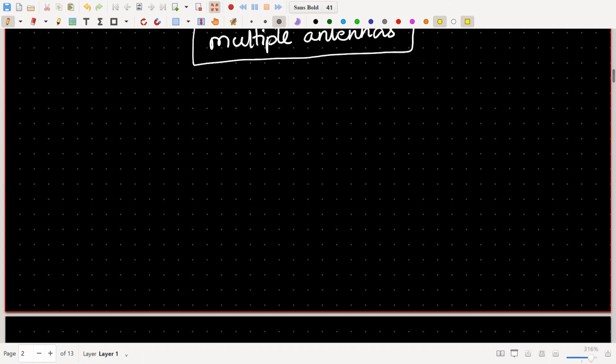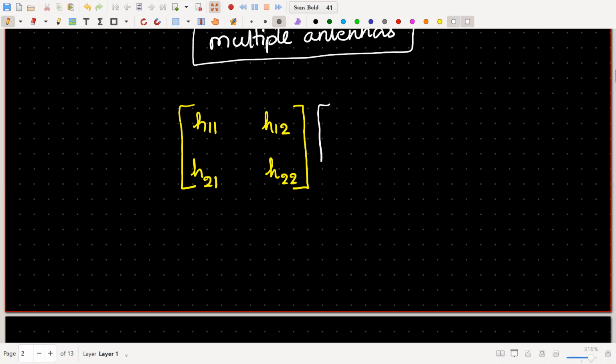All right. So I have a channel matrix with entries H11, H12, H21, H22. Now you are transforming your transmit symbol vector, say S1, S2, to a received symbol vector.